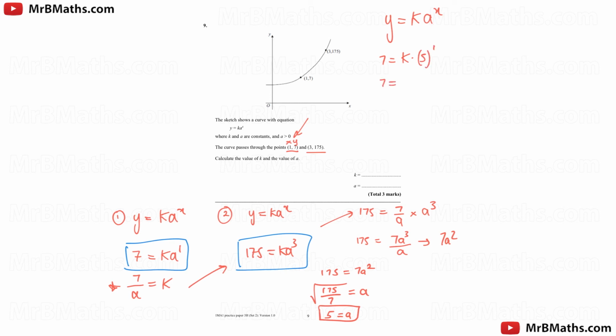So we have 7 equals k times 5. Therefore k equals 7 over 5, and 7 over 5 is 1.4. So we have a as 5 and k as 1.4.